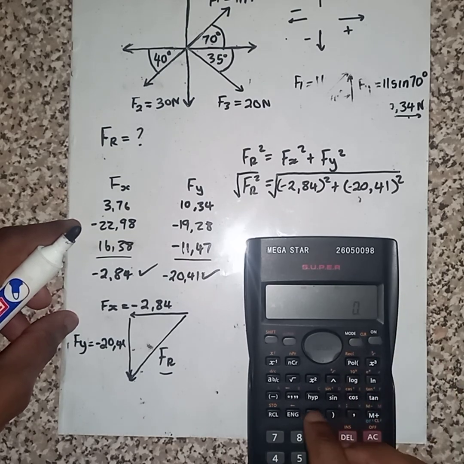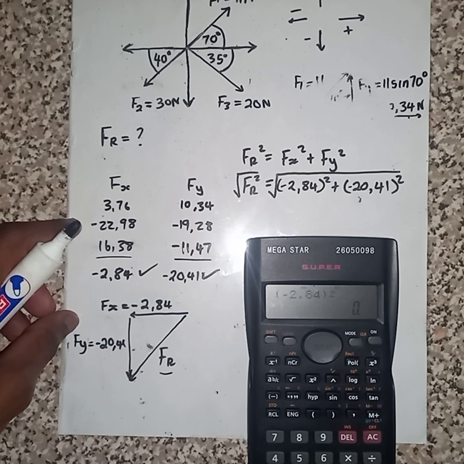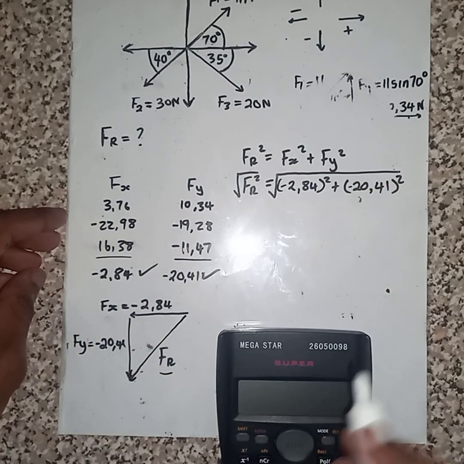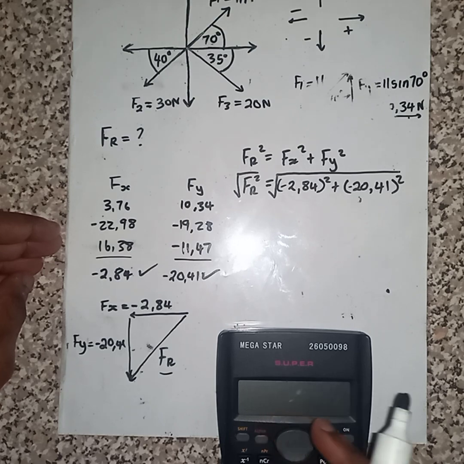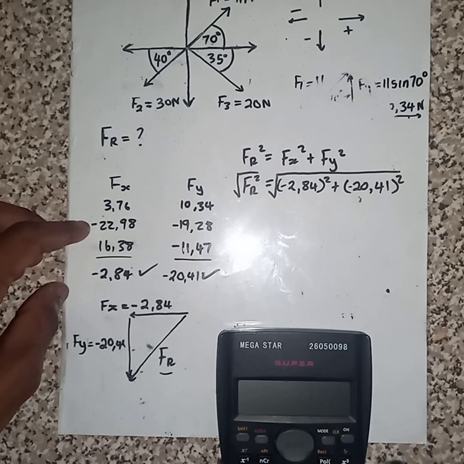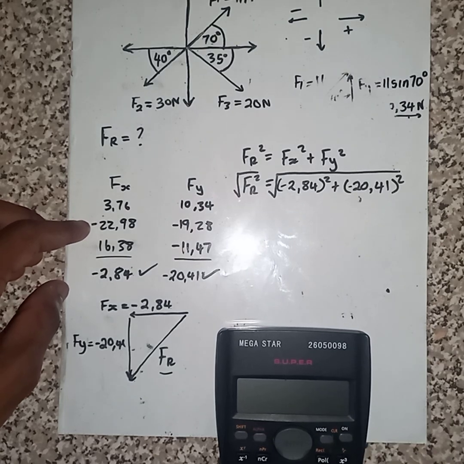Let me substitute. We have negative 2,84 squared plus negative 20,41 squared. We get 424,63. Immediately after doing this, you take a root of that answer.